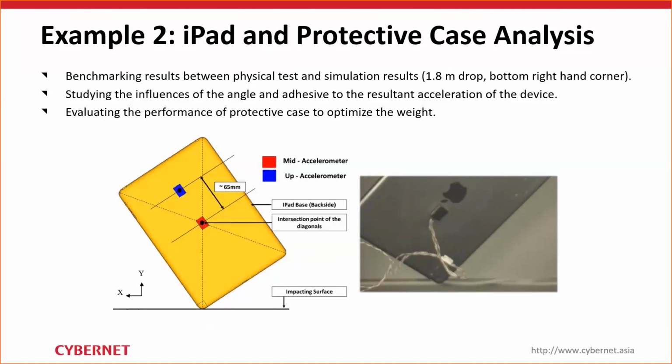So based on the figure, in the physical experiment, we place this accelerometer in these two positions right here. Actually, there is a specific principle of which point you need to put the accelerometers. Essentially, you put it at the center of your mass.